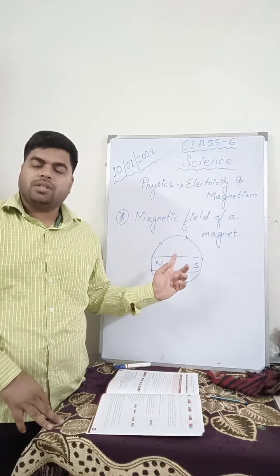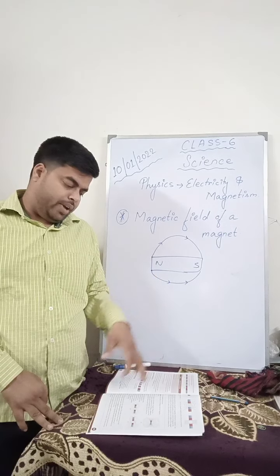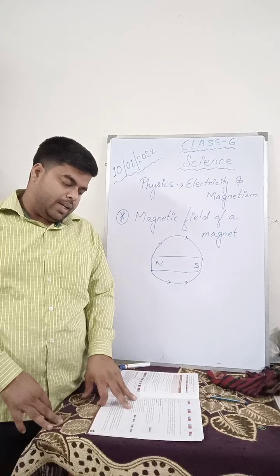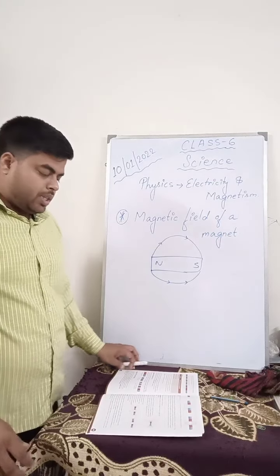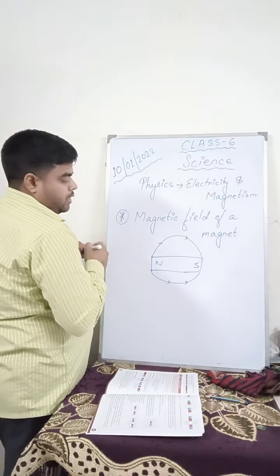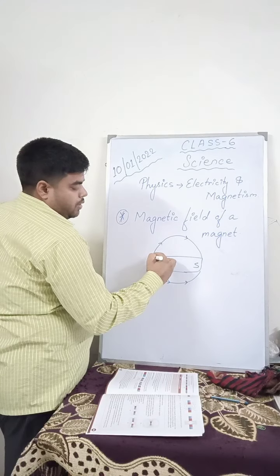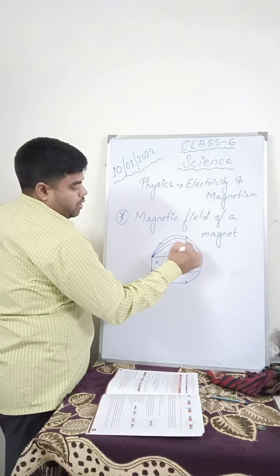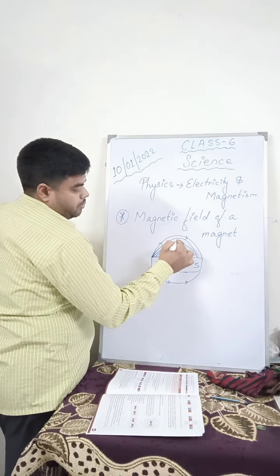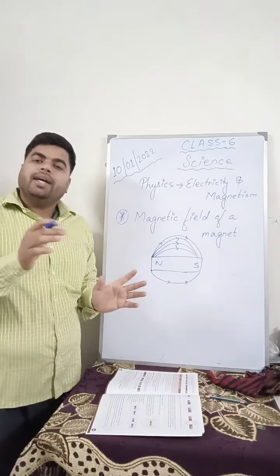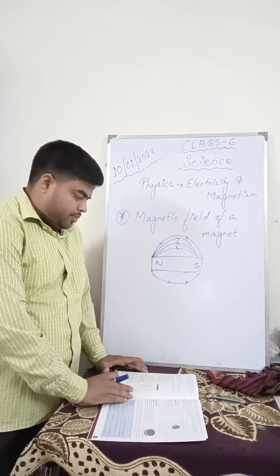In the middle, this force of attraction or repulsion is very less. So magnetic field lines are denser at the poles. Because the strength of the magnet is more at the two ends, the magnetic field lines will also be more at the two ends, and in the middle, magnetic field lines are very few.